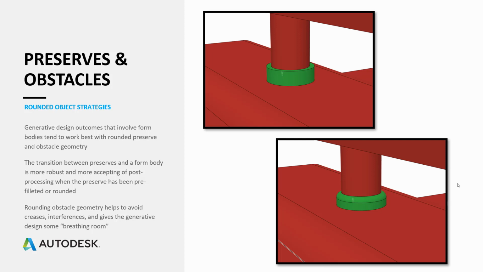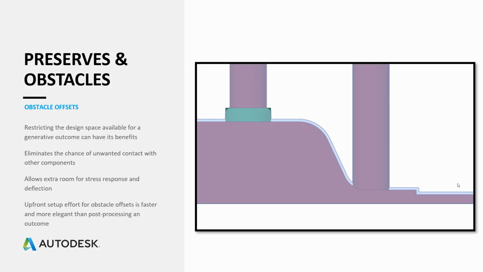They don't have to be huge, but I've found that the generative form shape seems to match up a little better, and it's a little easier to post process, maybe add stress relief fillets or something like that in post if you use a rounded approach there. Just a general tip and trick, and I've got an example here that we'll go in and show in a second.